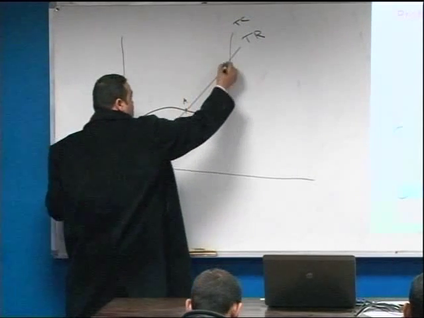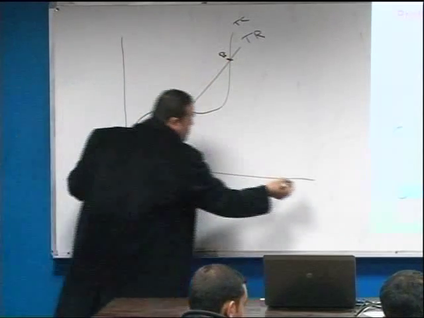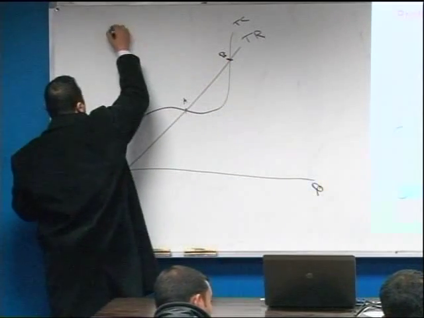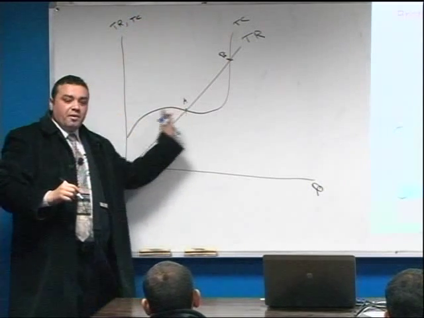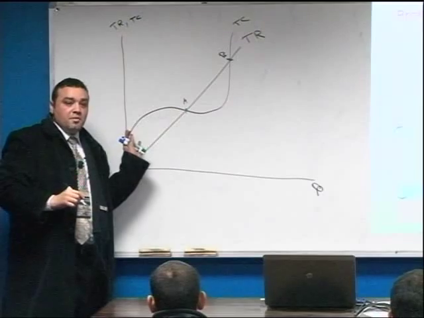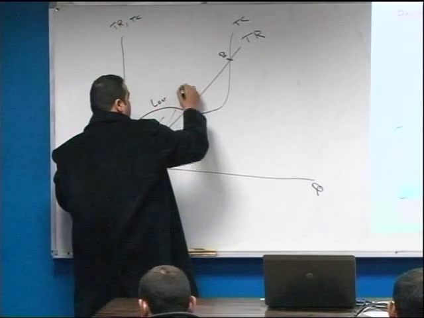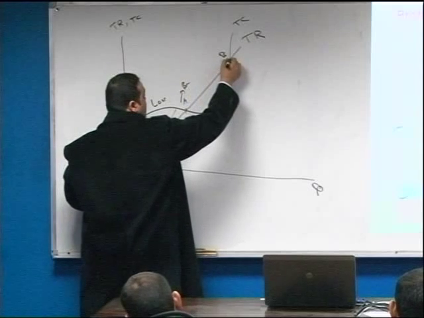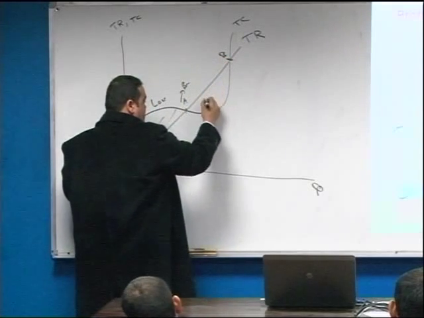Suppose this is A, B, Q, TR and TC. Before A, there is a loss, then break even, and here we have break even as well, and here we have profits.